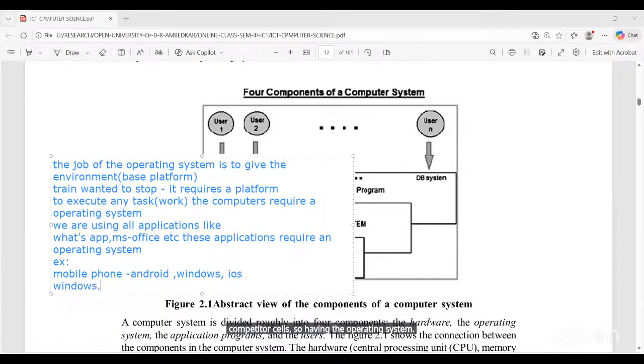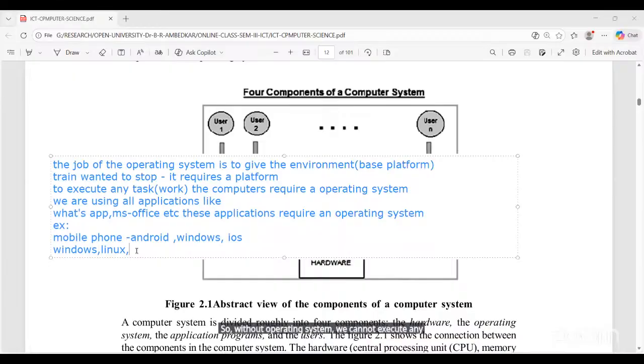Windows operating systems are there, Linux is there. So if you don't have the operating system, we cannot execute any application. Without an operating system, we cannot execute any operation.